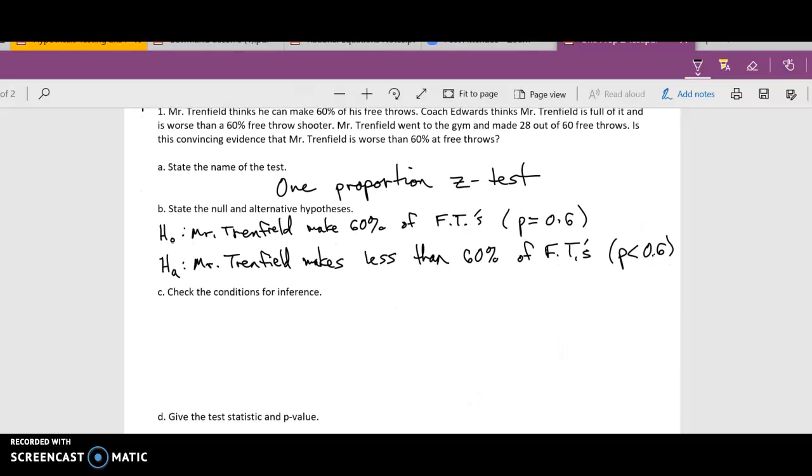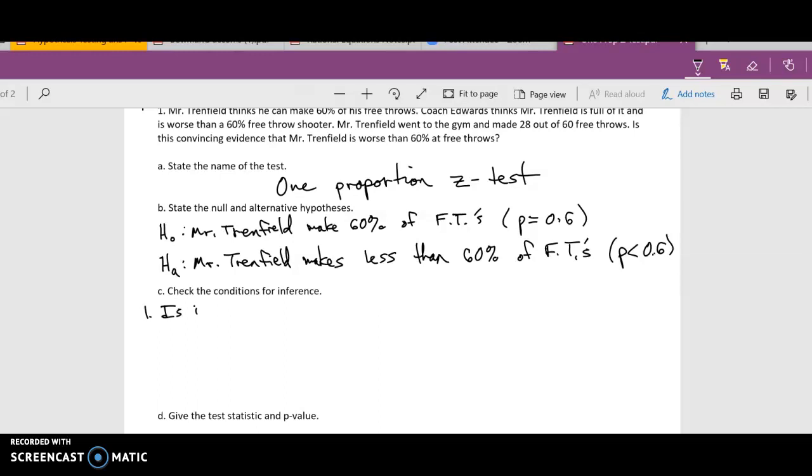Okay, check the conditions for inference. We're always going to check the same conditions. One, is it a random sample? In this case, yes. We're going to assume these 60 shots are a random sample.